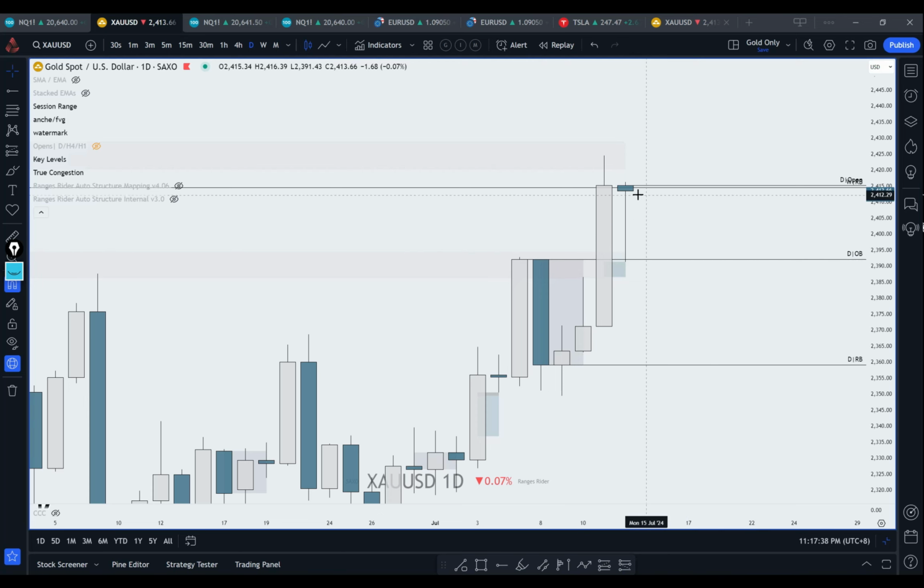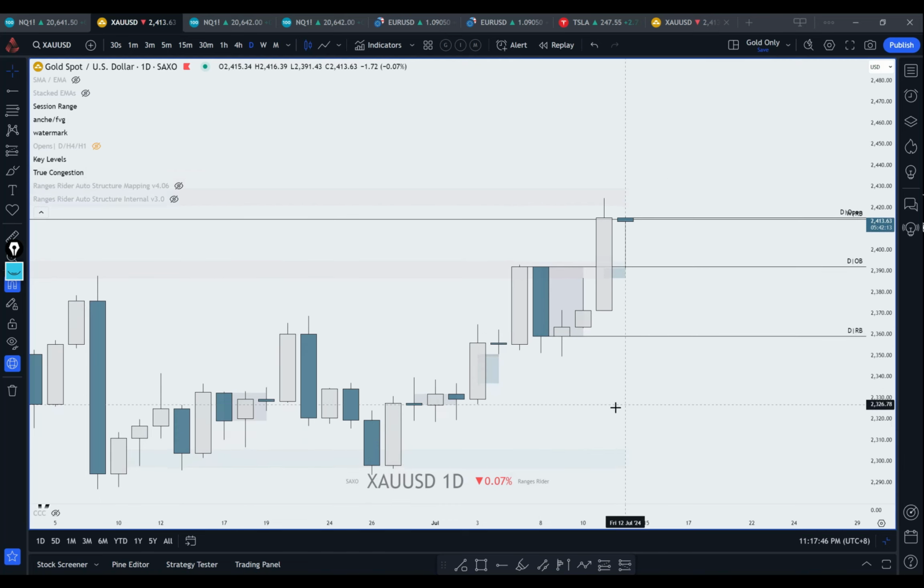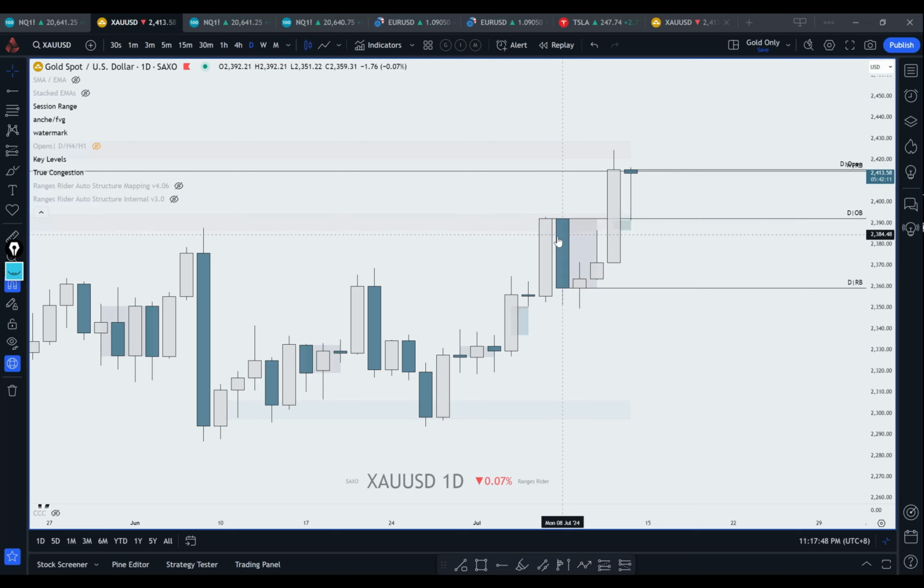Then when this day opened, we have the daily order block. If you see this one, sell to buy, and if you are thinking that this is an inside candle, that's why this one is whole, sell to buy.